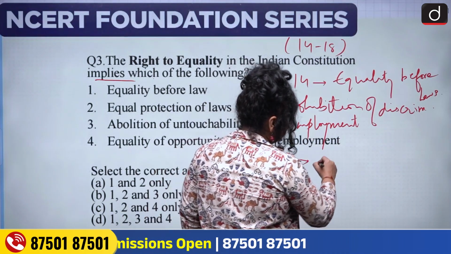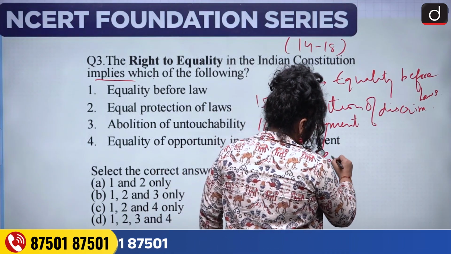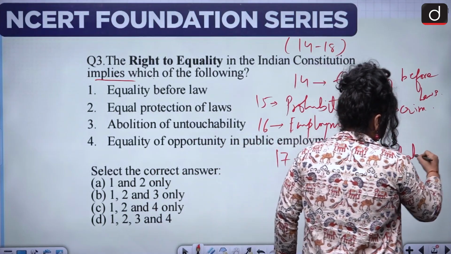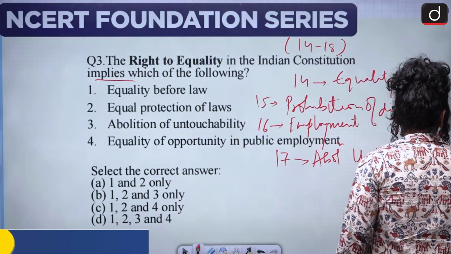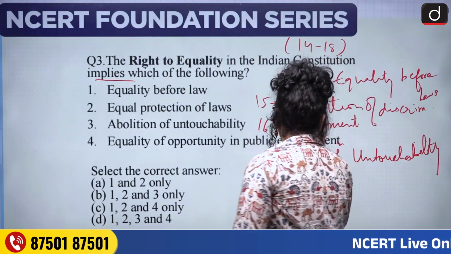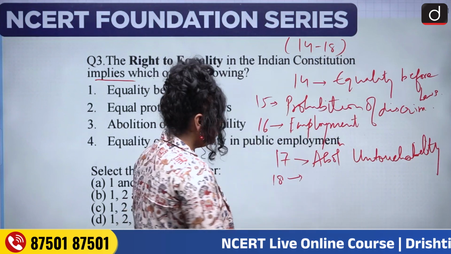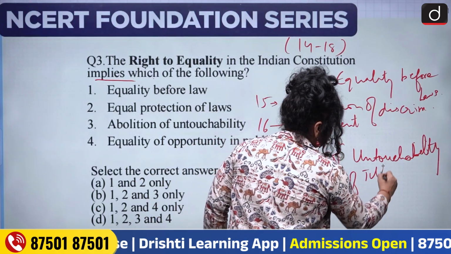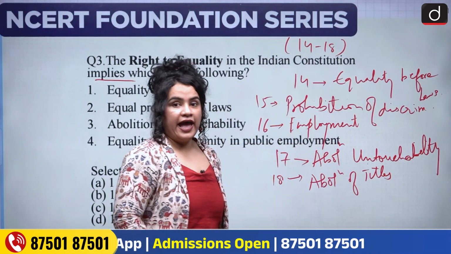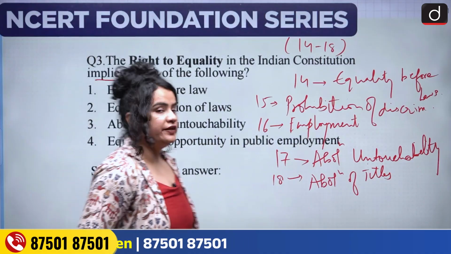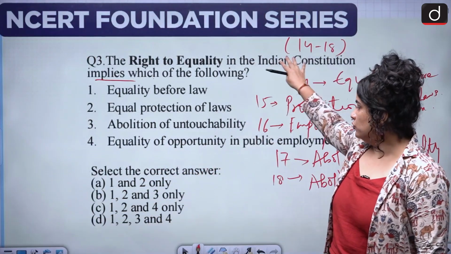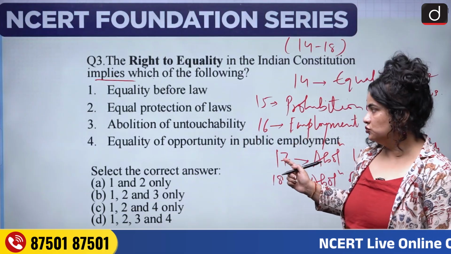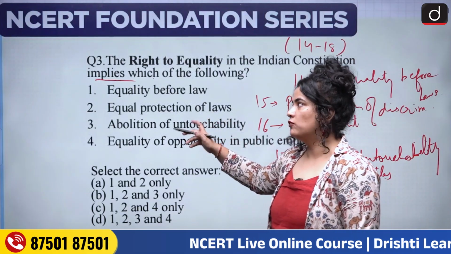Article 17 talks about abolition of untouchability, and Article 18 talks about abolition of titles except military and academic. All right. So we have laid out for you the articles and the provisions under the right to equality. Now let's check one by one.